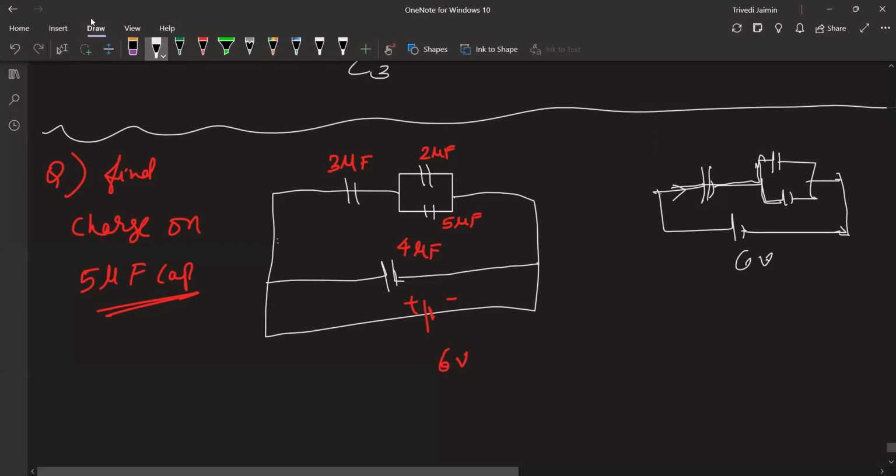See, this voltage is common here. Right? If we find total capacitor, we can find total charge on it. Now, the total charge is dividing into these 2 charges. So we can find charge Q1 here and the remaining Q2 is flowing from this one.